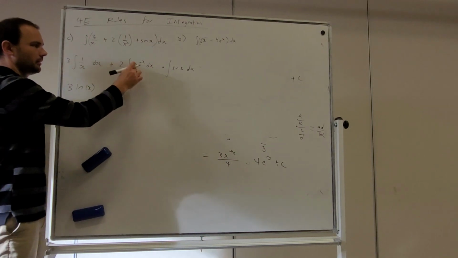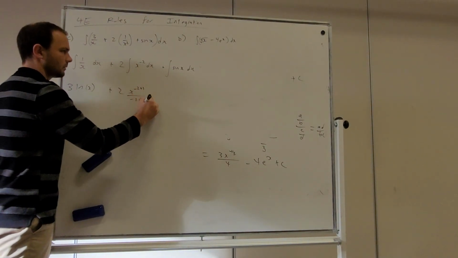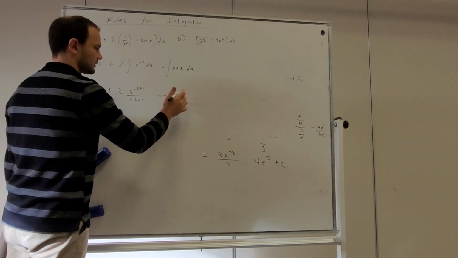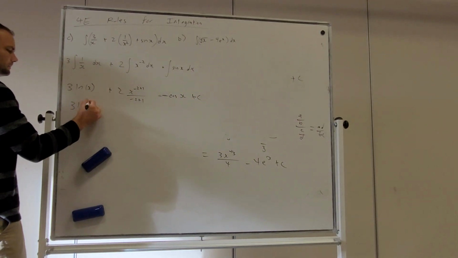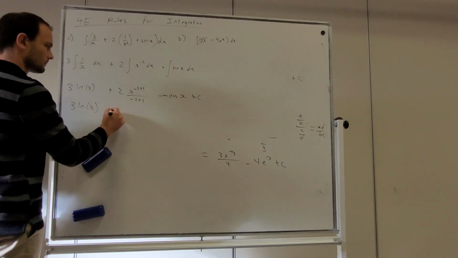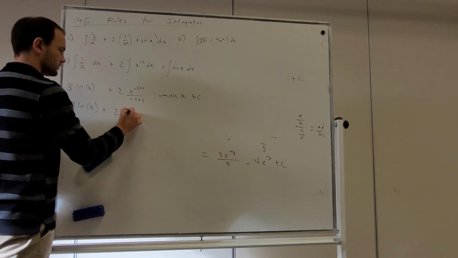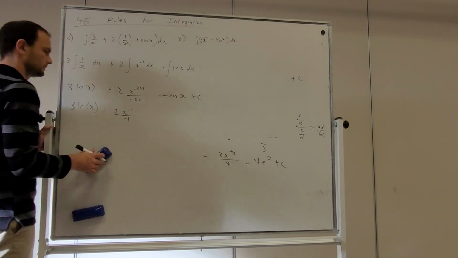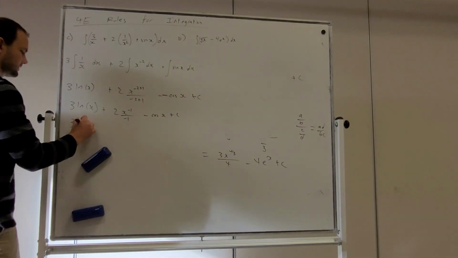Here we're going to apply the power rule though. We're going to have x to the minus 2 plus 1 on top of minus 2 plus 1. And the integral of sine of x is negative cos x. Plus c, simplify. Now, I'll write it out like this, 2x to the minus 1 on top of minus 1. Last step.